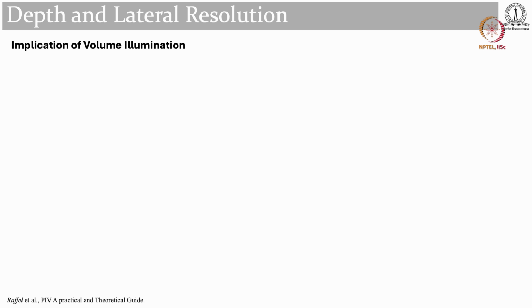So it is very subjective, and it can be a tedious task many a times to get the desired depth of field you want. Understanding volume illumination phenomena is really important, and I'll give a brief talk on that.